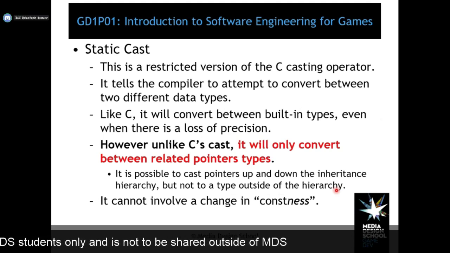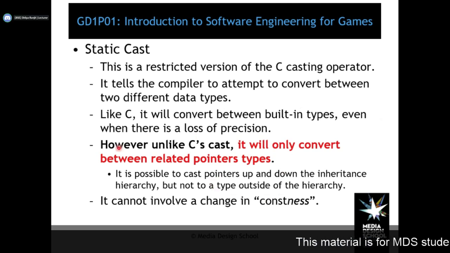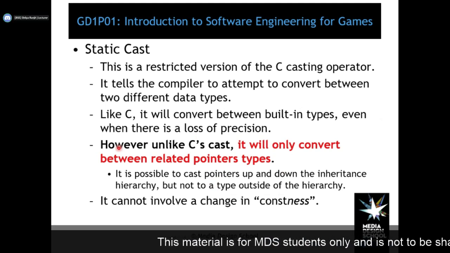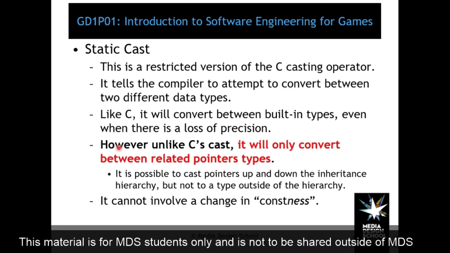Whenever there is a type that is not part of an existing hierarchy, static cast does not allow that conversion. This restriction will be more clear when we discuss those user-defined types. Otherwise, for the built-in types, this should allow you to convert between most of them.